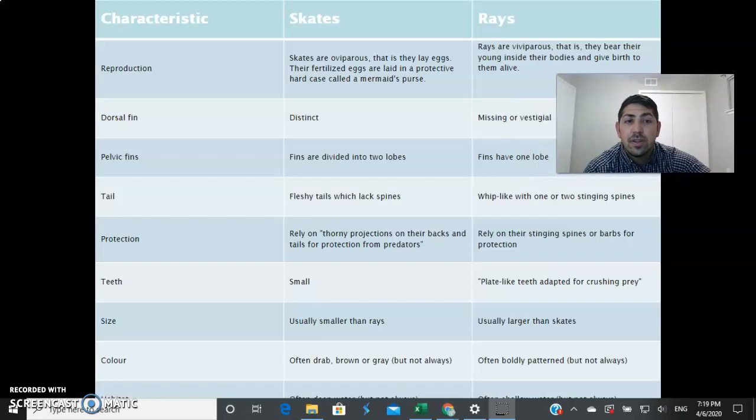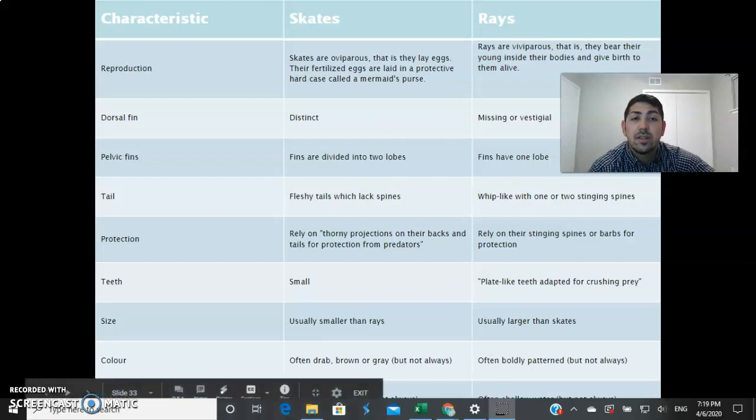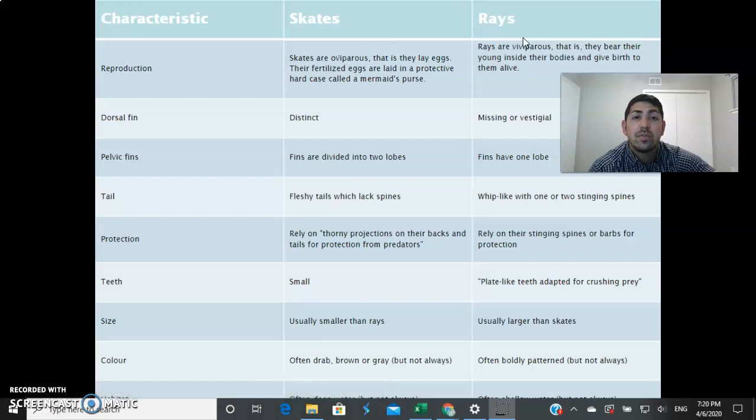So here you can see some of the ways that you can tell them apart. This is everything that we've discussed during this lecture today. In reproduction, skates are oviparous, rays are viviparous or ovoviviparous. For the dorsal fin, skates have a distinct one, and in rays you don't. There are 2 lobes in the skates and 1 lobe in the ray.